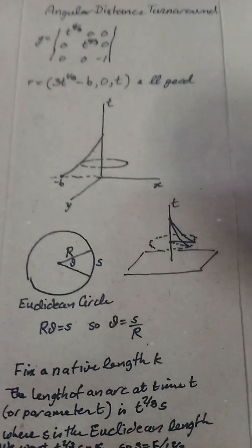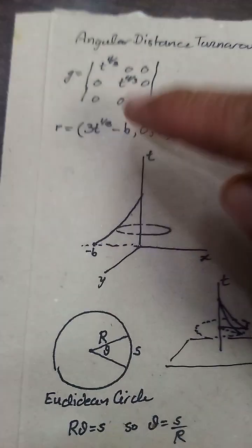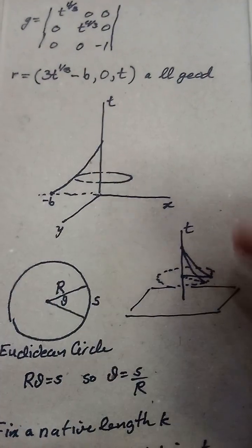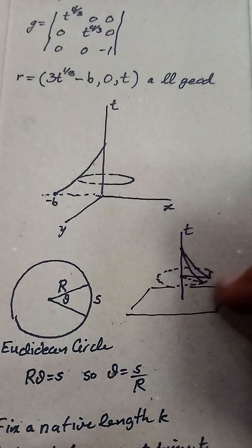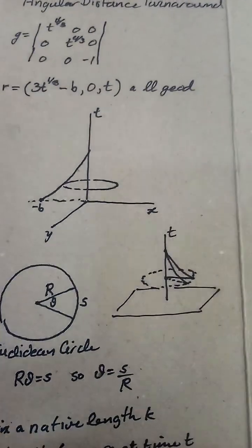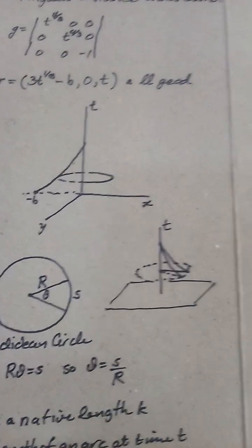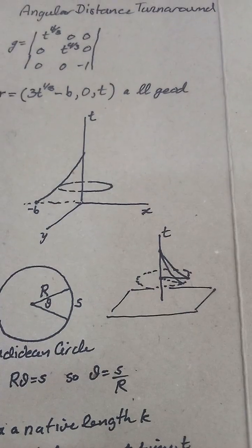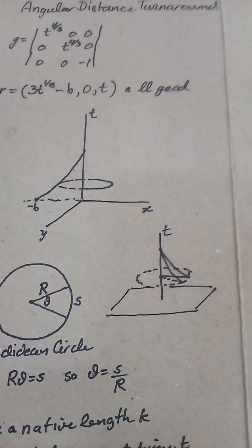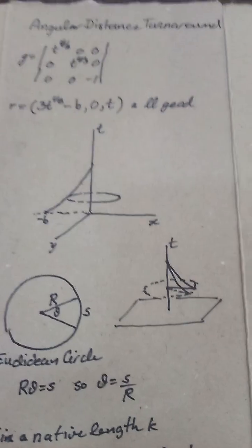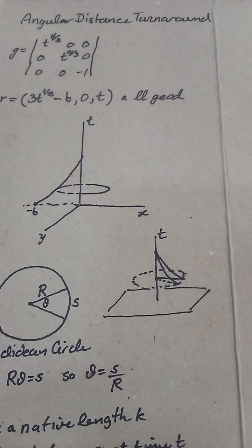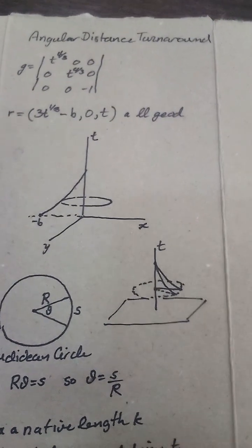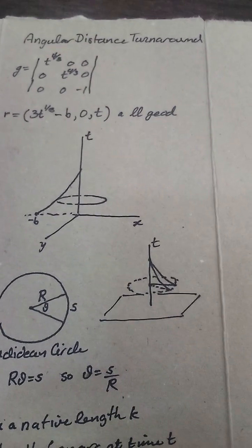Now this geometry is such that for a circle in a plane parallel to the xy plane, any curve in such planes will have length equal to the Euclidean length multiplied by a factor depending on the height t, a factor of t^(2/3).